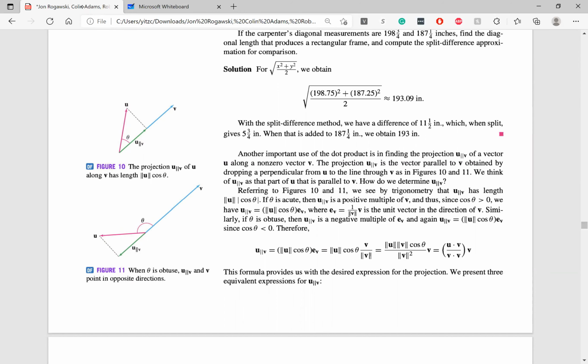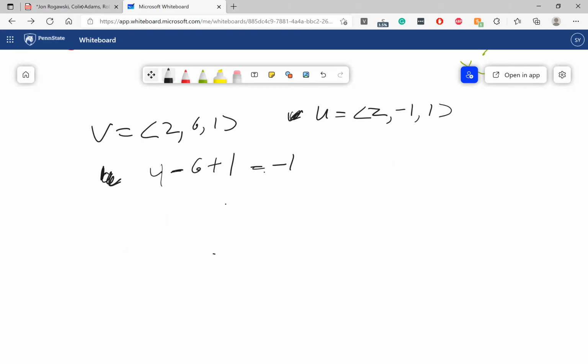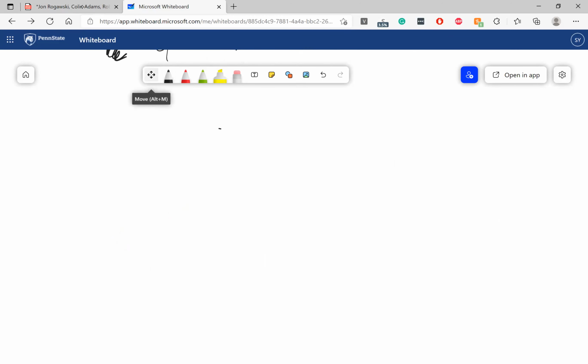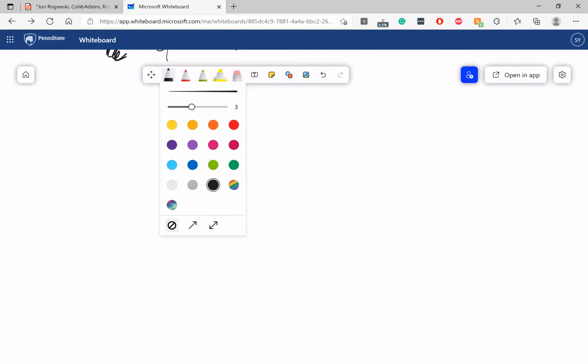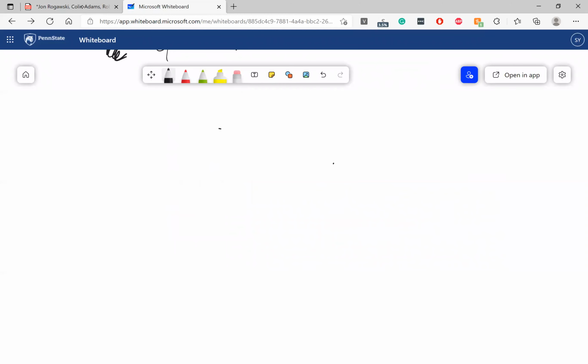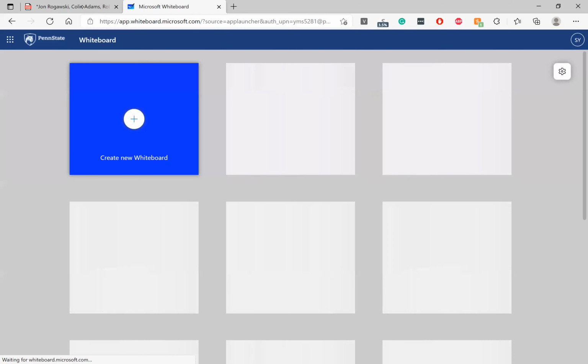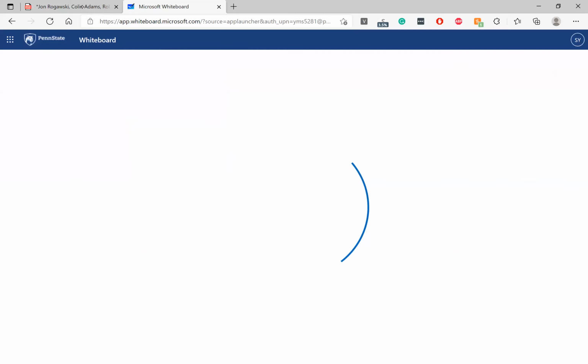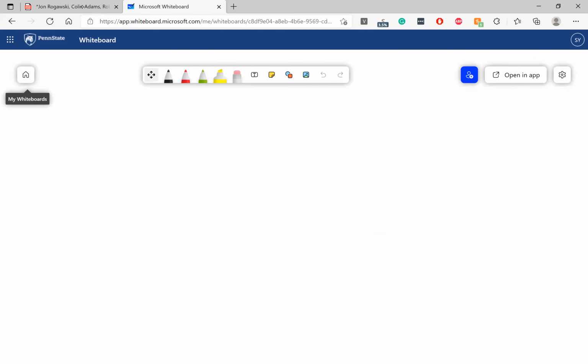So cosine, in general, is meant to represent the projection of a vector onto your x-axis.